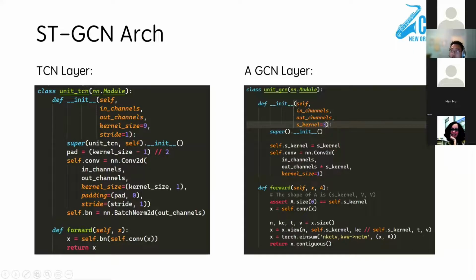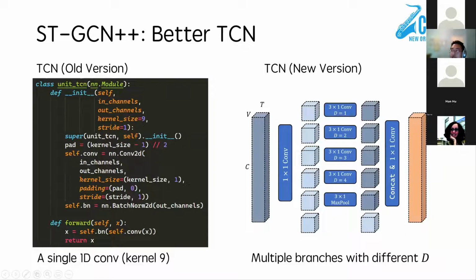The old ST-GCN used a single 1D convolution with kernel 9 for temporal modeling, which consumes relatively large amounts of computations and lacks flexibility. In ST-GCN++, following recent works like MSG3D or CTR-GCN, we adopt a multiple branch TCN with different receptive field sizes for each branch.